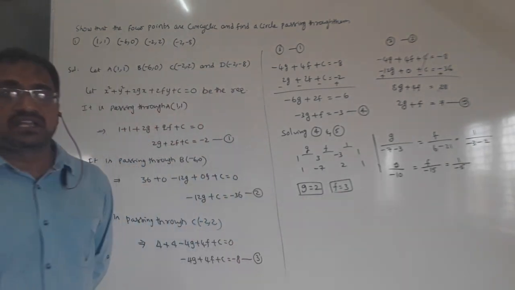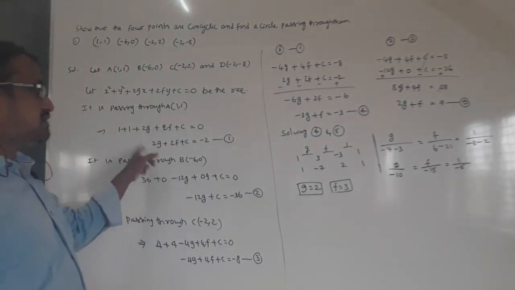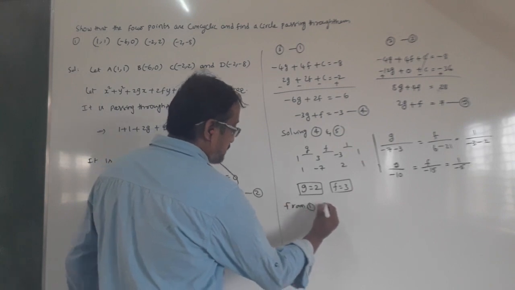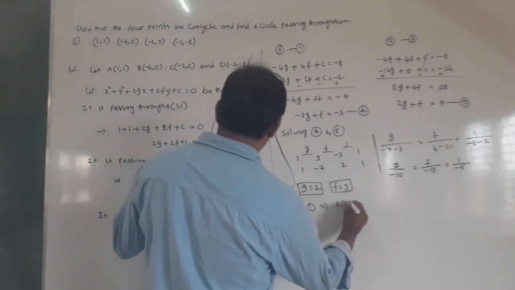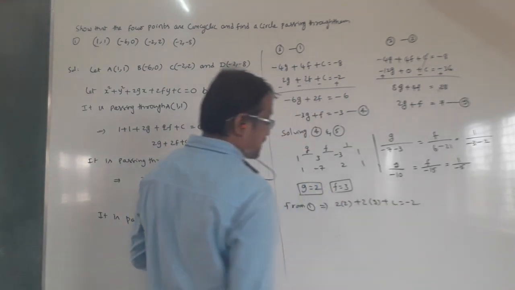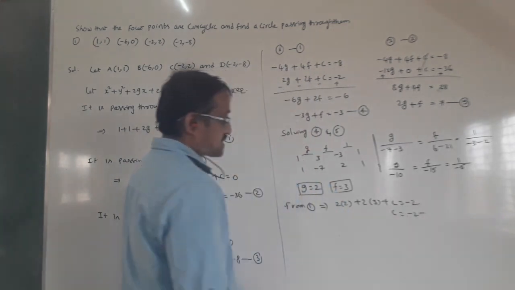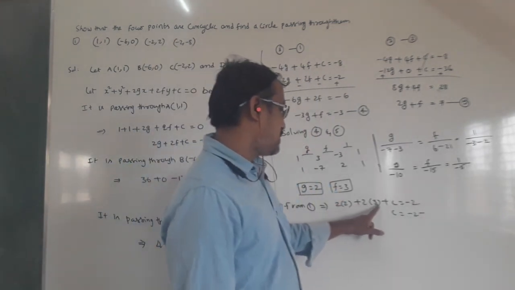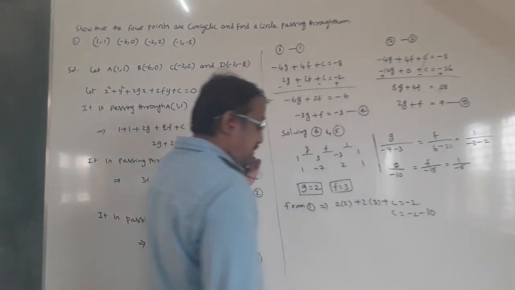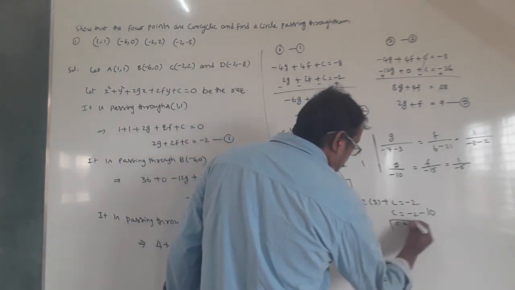Now to find the value of c, let us substitute g comma f in equation 1. So from equation 1, 2 into 2 plus 2 into 3 plus c is equal to minus 2. So c is equal to minus 2 minus 4 minus 6, that is minus 10, so c will be minus 12.